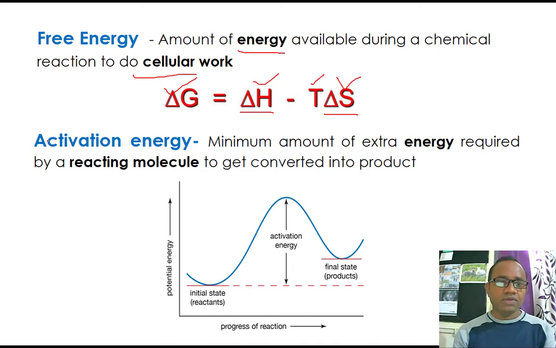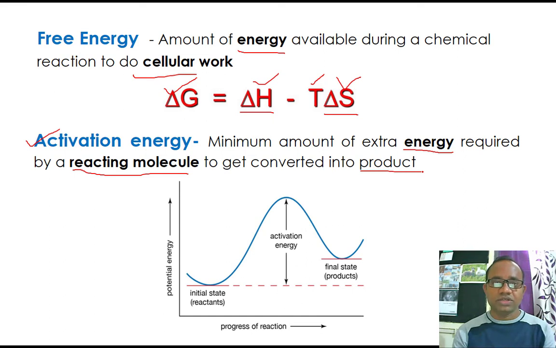Now more important for us is the activation energy. The activation energy is the minimum amount of energy that is required by the reacting molecules ultimately to produce a product. So activation energy is the energy required by the reactant molecules to produce the product.